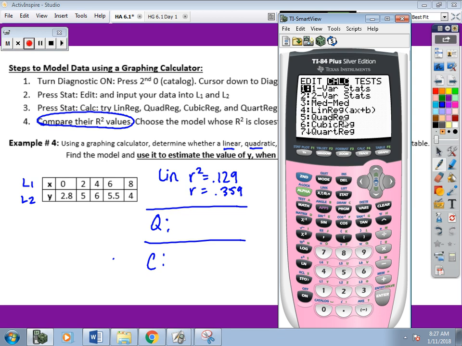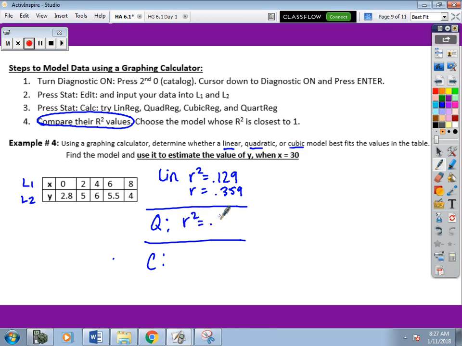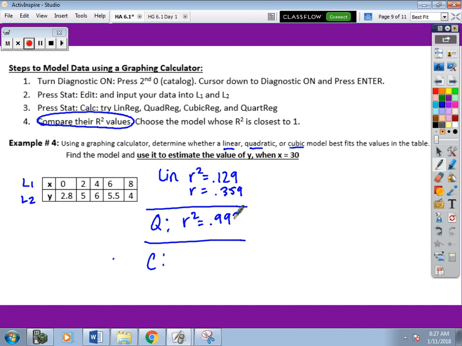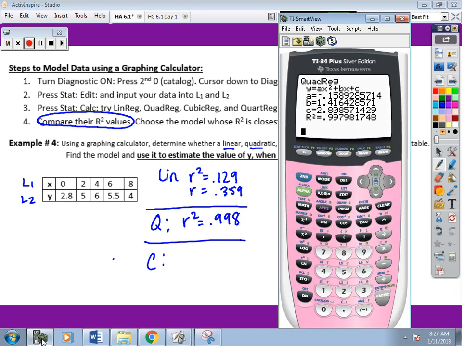This time we'll do a quadratic, option 5. Hit enter. You'll notice for the quadratic, it only gives you an R squared value. It doesn't give you just an R value. So R squared is 0.998. And you could write out more if you want to. Sometimes they'll be very close and you have to figure out which one's actually closest to 1, because that looks like it's going to be the best, but let's wait till we see the cubic.